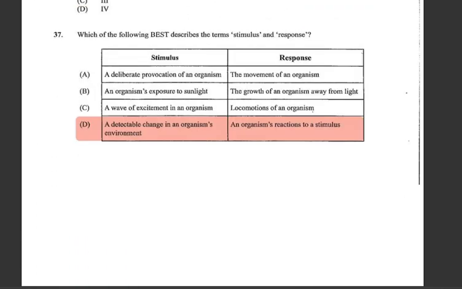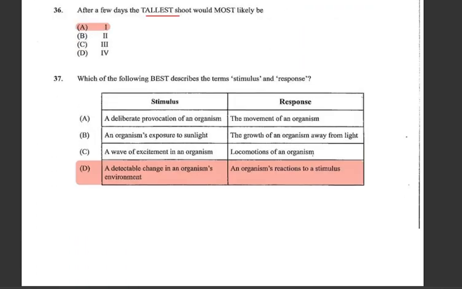Good. Number 37 here, it says which of the following best describes the terms stimulus and response. Stimulus refers to detectable changes in an organism's environment. Any changes in the environment that take place around an organism would be a stimulus.